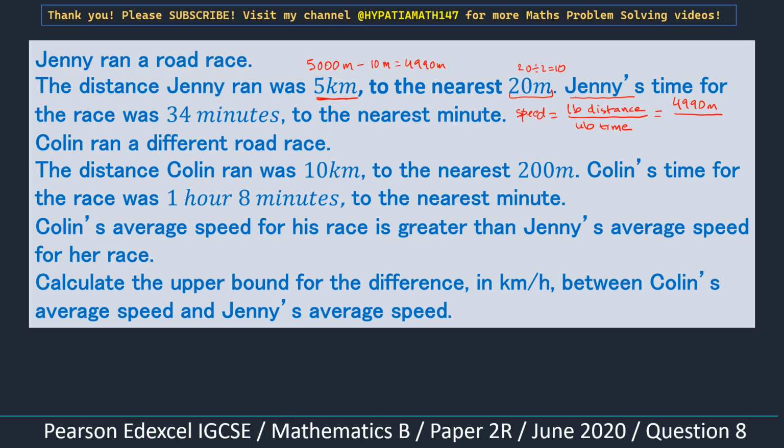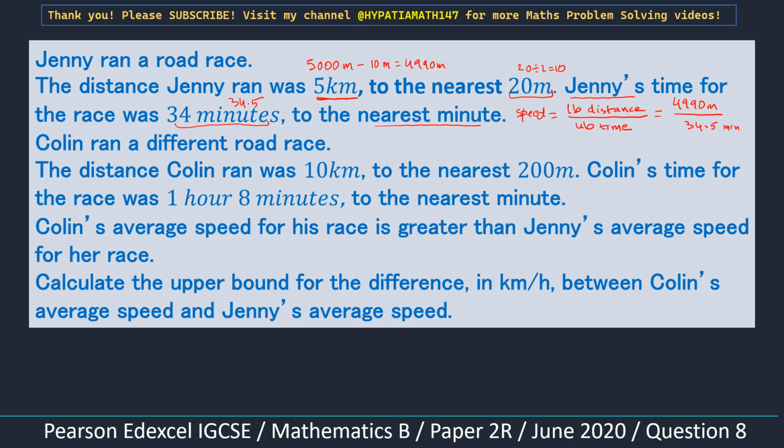And the time in minutes, we will do the changing into hours a bit later. To keep it simple, let's do minutes first. To the nearest minute, and we need the upper bound, so this is going to be 34.5. So I'm going to divide it by 34.5, and that's in minutes.